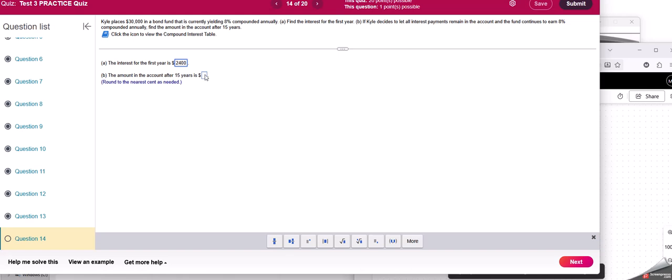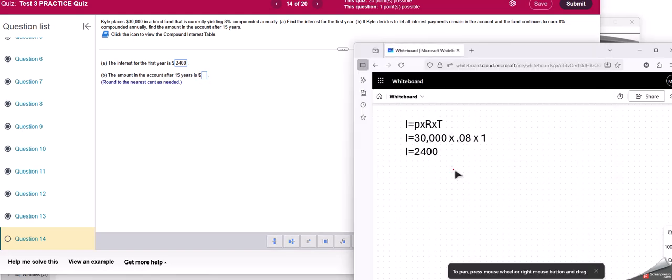Now then, sometimes students struggle with this second one. We're going to go back to our time value of money keys, because if the interest is staying in there, that's exactly what the time value of money keys factor. So 15 is going to be our N, 8 is going to be the IY, the 30,000 is going to be the present value. There's going to be 0 payments because again, there's nothing separate coming in.